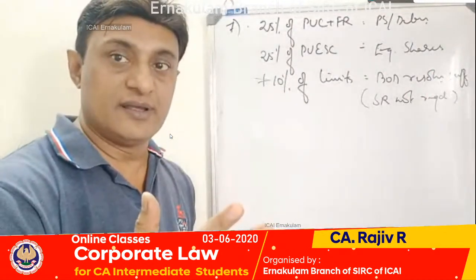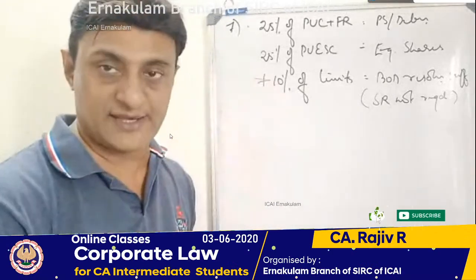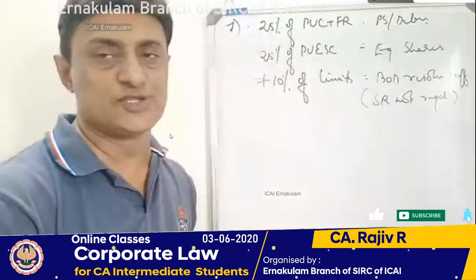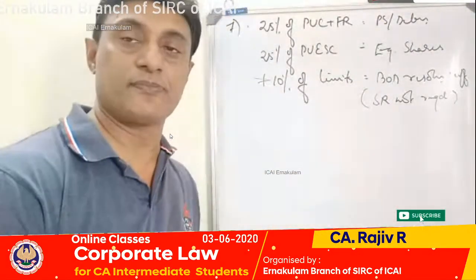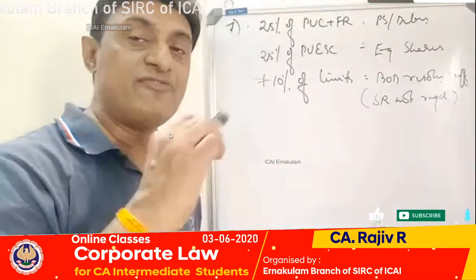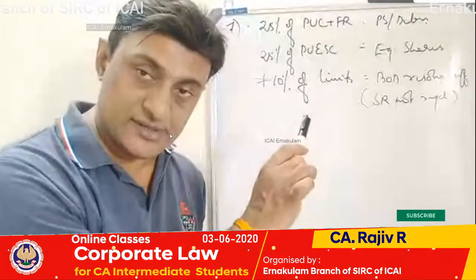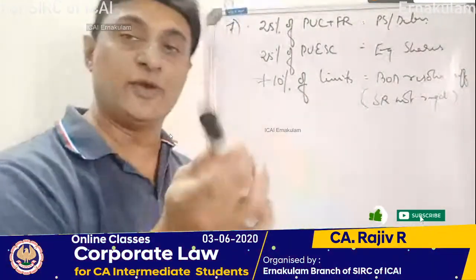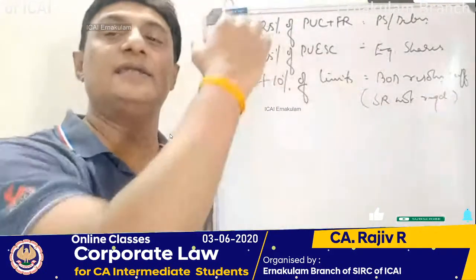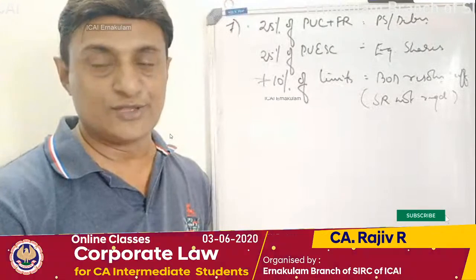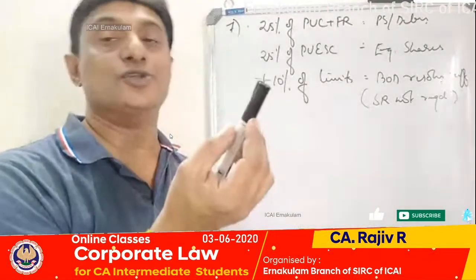But if it is not more than 10%, it is so small, then if the board approves it through a resolution, that is sufficient, which means there is a bare minimum requirement. So if the buyback at any given point of time does not exceed 10% of that prescribed paid up capital and free reserves or the paid up equity share capital, then you need not get the approval of the members through a special resolution. The board resolution is sufficient authority.